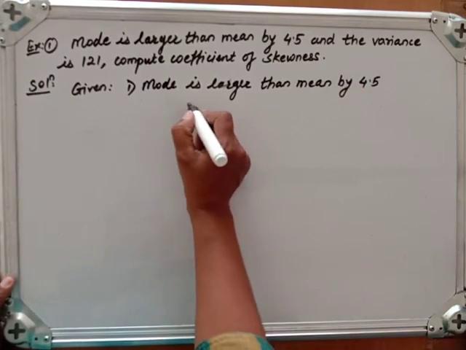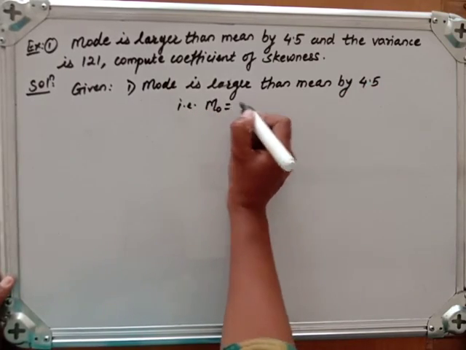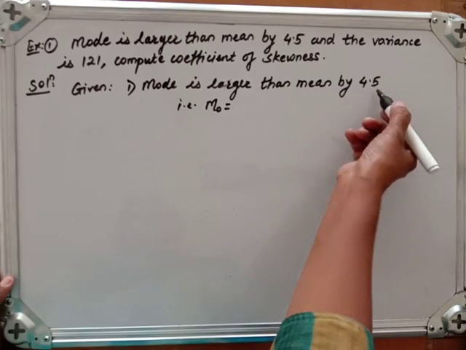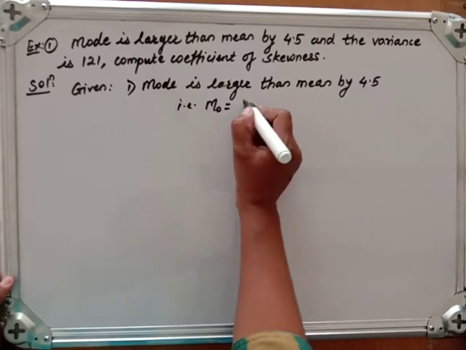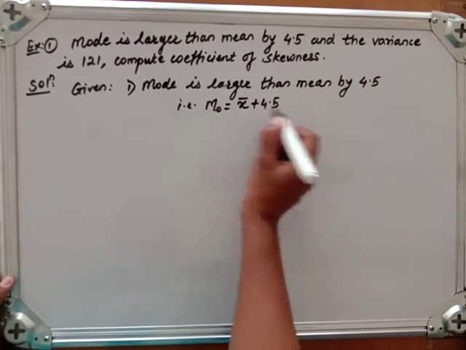Mode is denoted by Mo. It is more, meaning when the mean is calculated, if we add 4.5 to it, then we get the mode. It is X bar plus 4.5. This is the meaning of it.